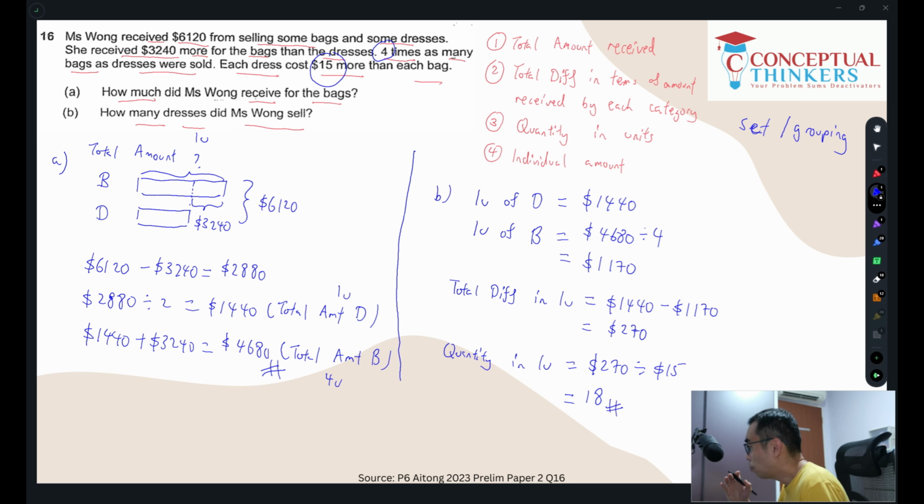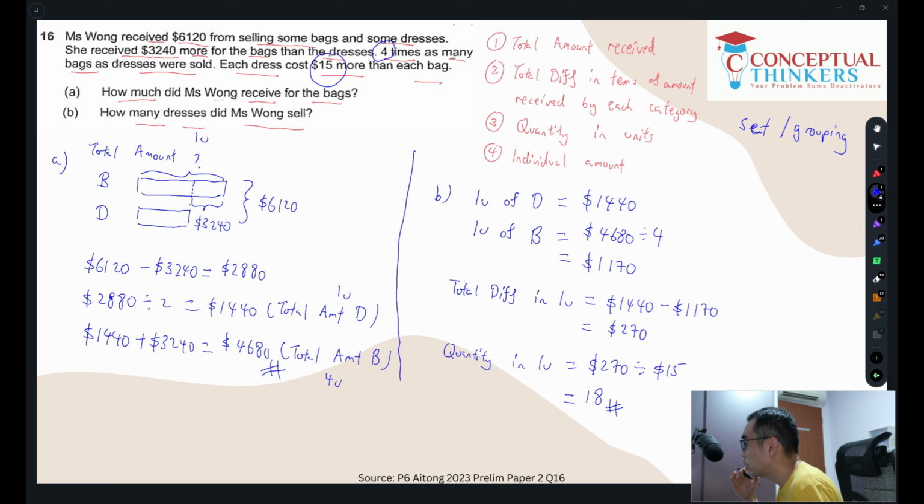From here onwards, once you get the quantity for 1 unit, some questions will make it more complicated by asking, maybe, what is the quantity for the bags, so the total quantity that she sold for the bags. So you have to do one more step. Or they will ask what will be the amount for each bag.